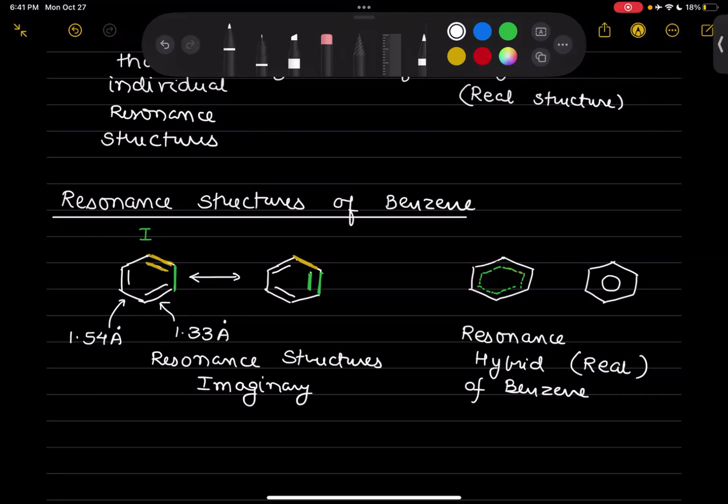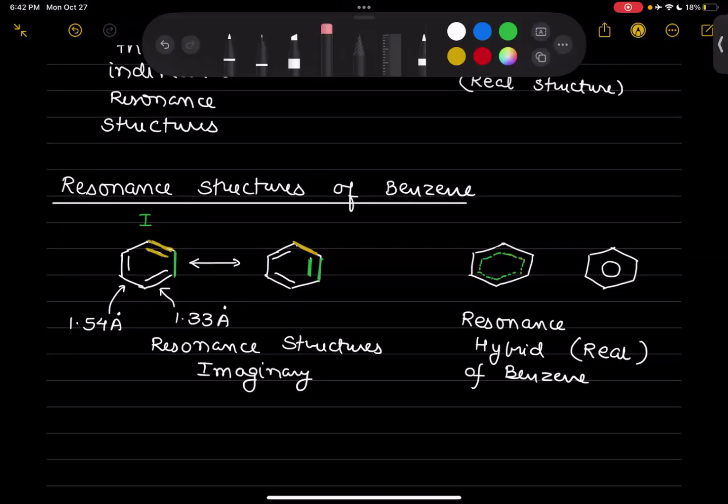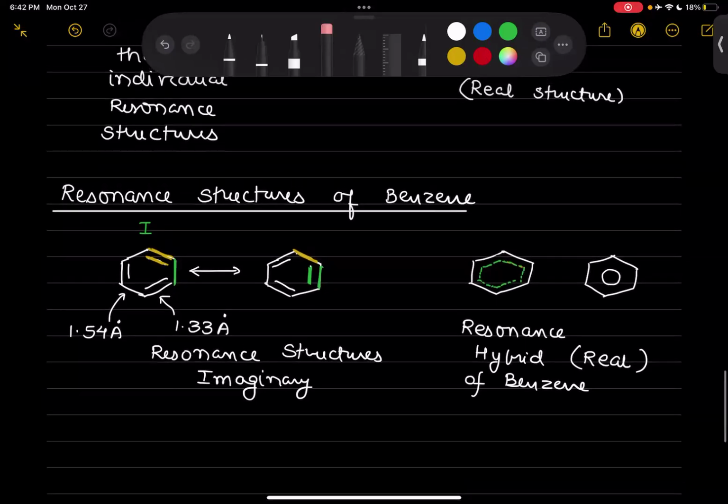This term is known as conjugation. So what do these double bonds do? The middle bond also acquires some overlapping, and that lets the two double bonds interact through electrons, and that becomes the hybrid structure, and that's how the molecule attains more stability. Is it clear?